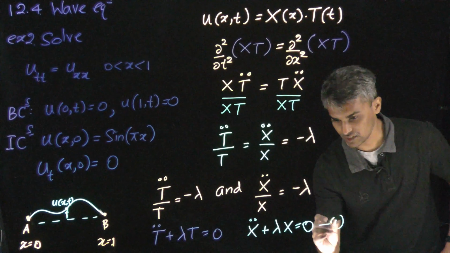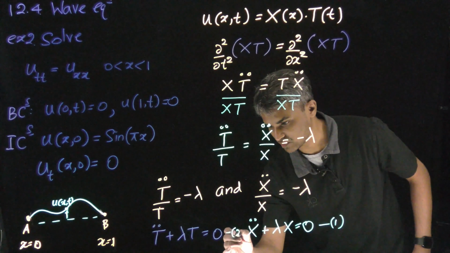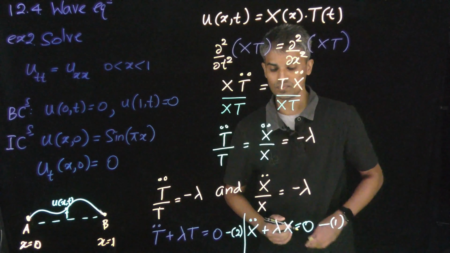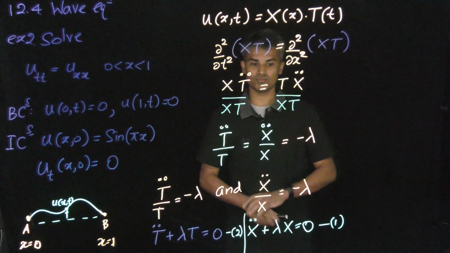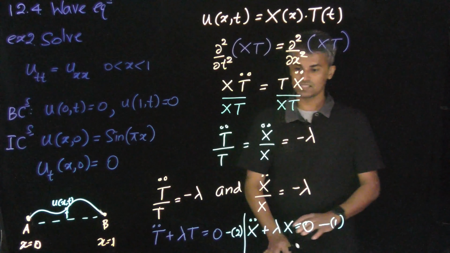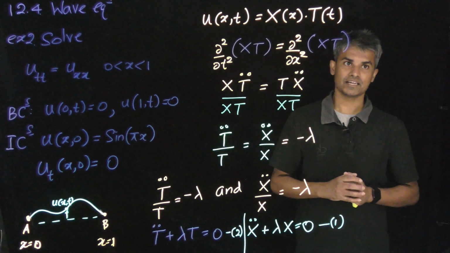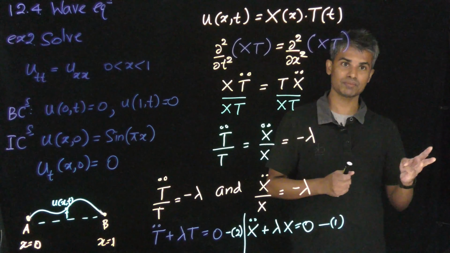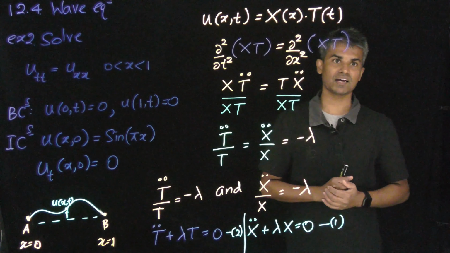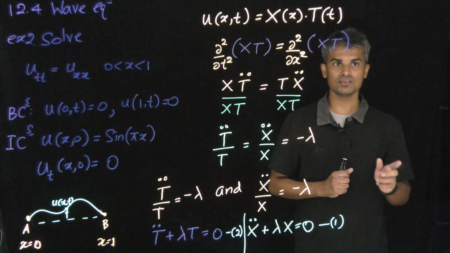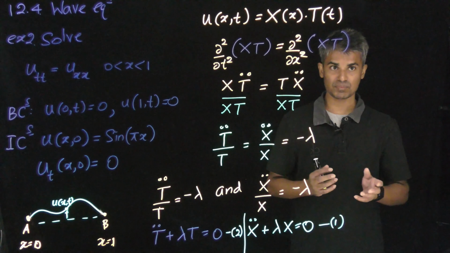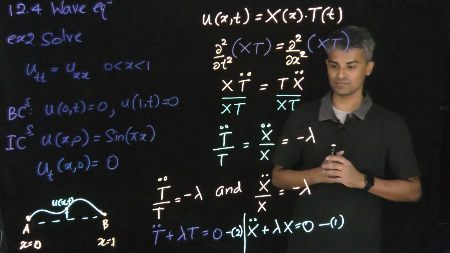Let us say this is equation 1 and this is equation 2. Next we are going to solve these two equations for possible lambda values, and as you know, we have three possibilities for this constant lambda. Lambda can be 0, lambda can be a negative number, or lambda can be a positive number.